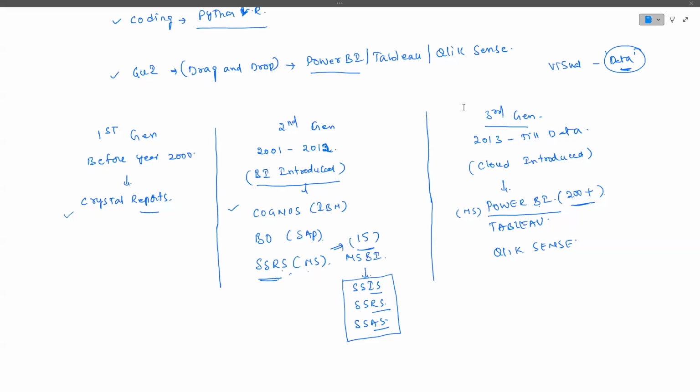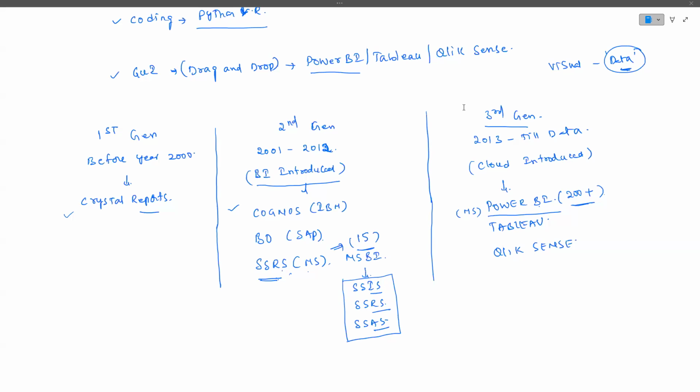Coming to third generation reporting tools, guys, it is the cloud. For second generation tools, if you want to learn SSRS, first of all some SQL knowledge is required. Without SQL knowledge, we cannot learn SSRS, guys. Everything we have to write with the help of SQL queries only.